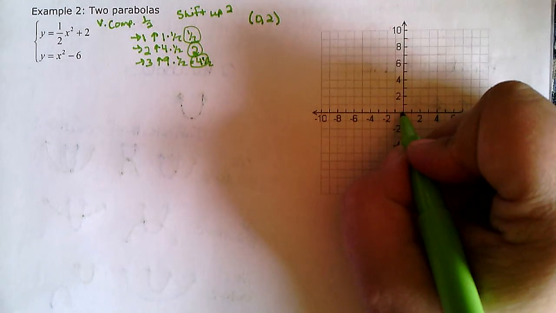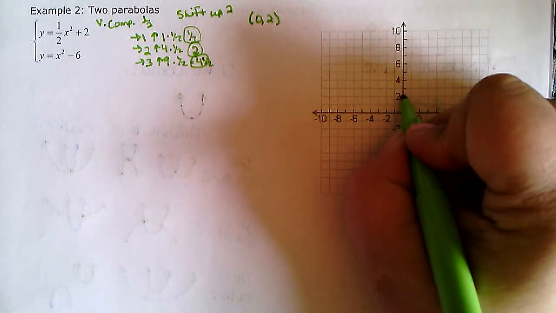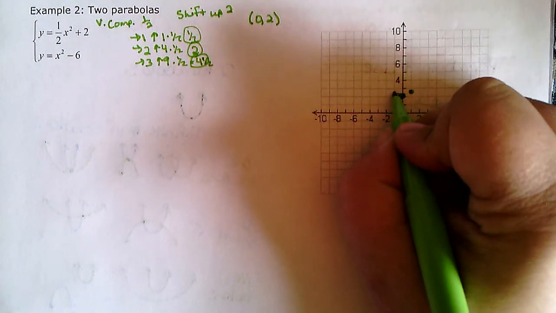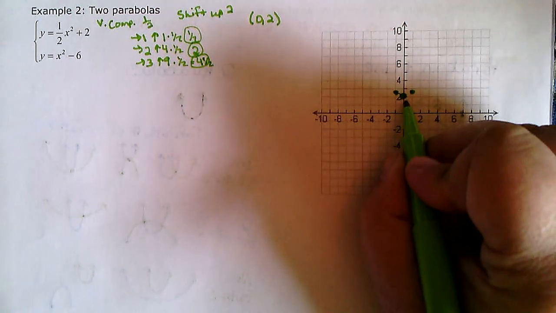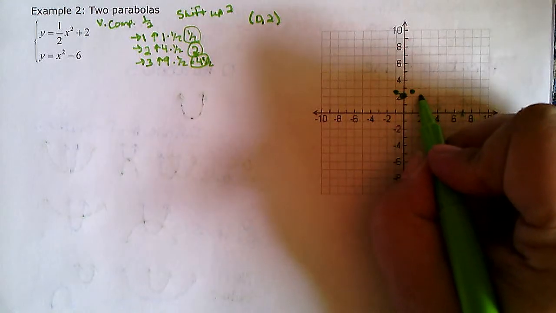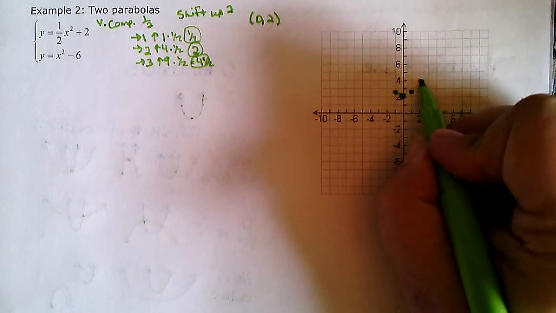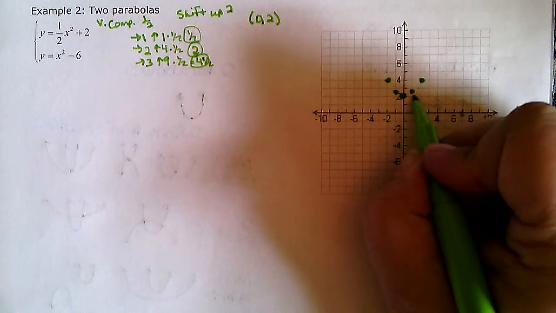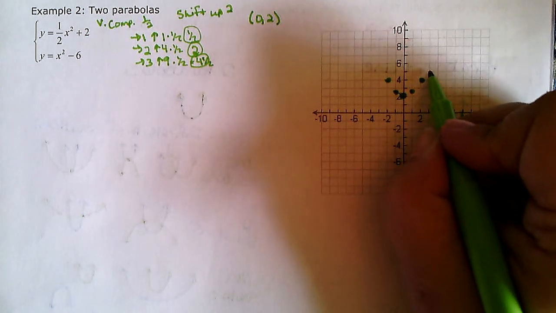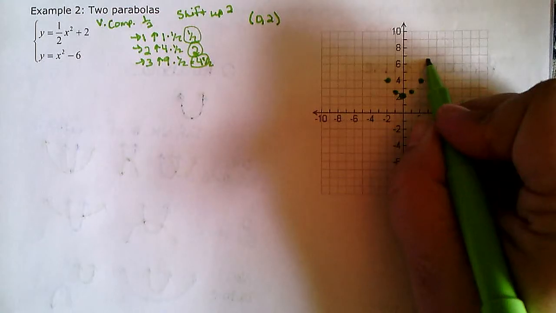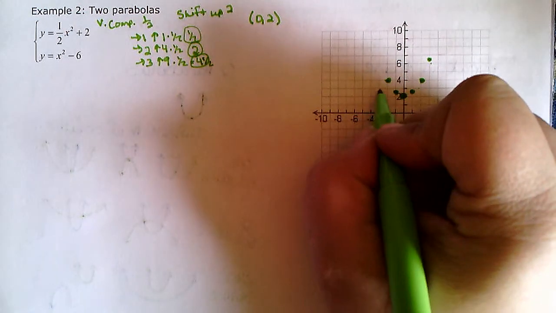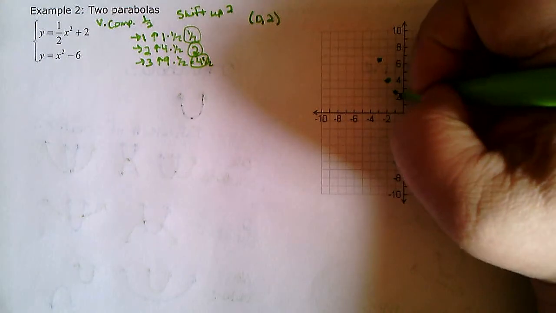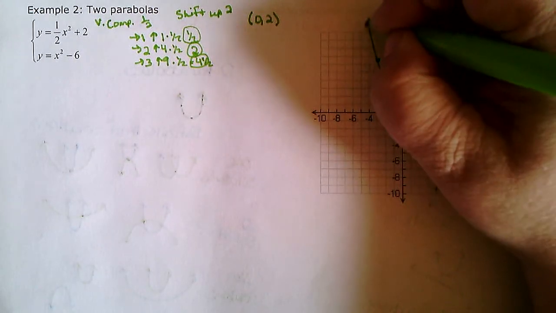So 0, 2 is up 2. Then we go over 1, up 1/2. Go back to the vertex, remember always. Over 2, up 2. And over 3, up 4.5. Let me draw that in, nice smooth curve.